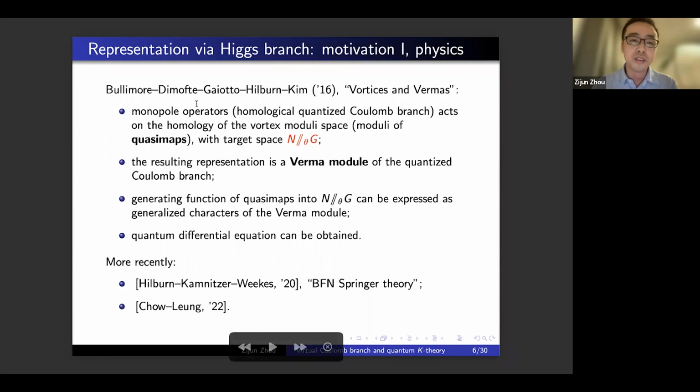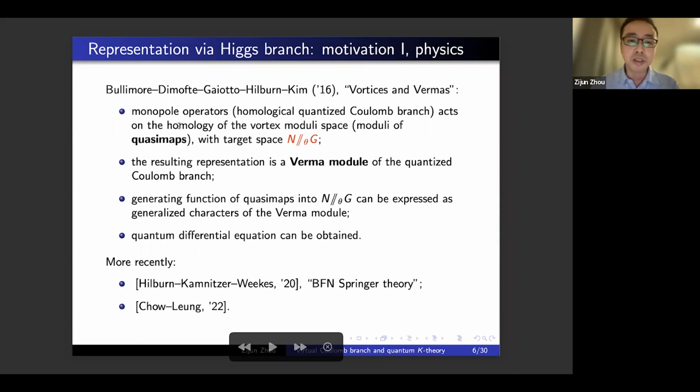So this is a physicist's work called Vortices and Vermas. It says that the homological quantized Coulomb branch, which physicists call monopole operators, can act on the moduli space of quasimaps, which is the vortex moduli space in physics language.